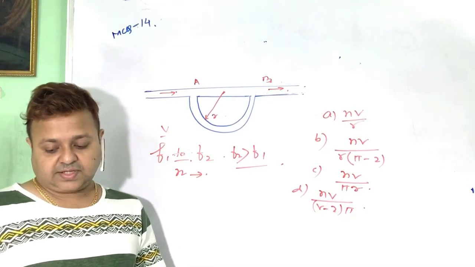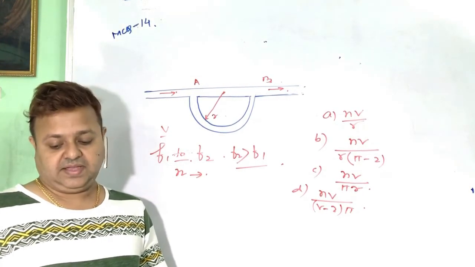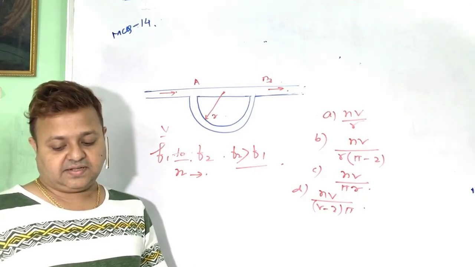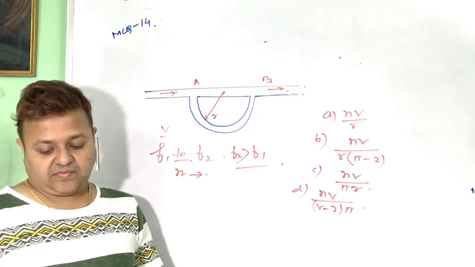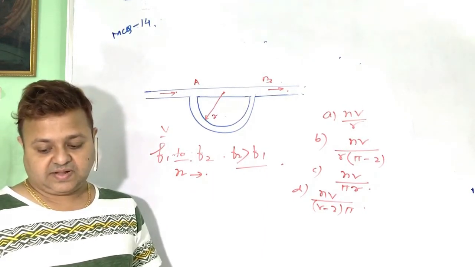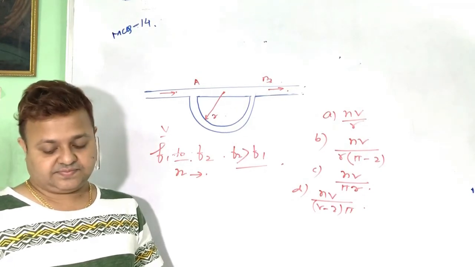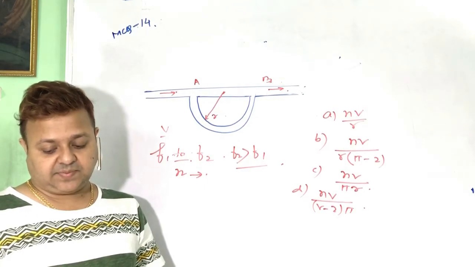If the sound source is capable to generate the frequency in the range f1 to f2, where f2 is greater than f1, and if n is the integer, then the frequency for the maximum intensity.